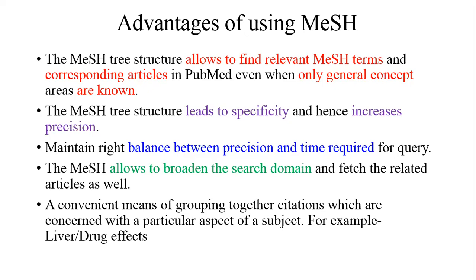So using these interconnected MeSH terms, you can easily find articles that describe the effect of a drug on the liver, or how they are excreted, or how they are further metabolized. So this becomes a convenient way of doing such an analysis.